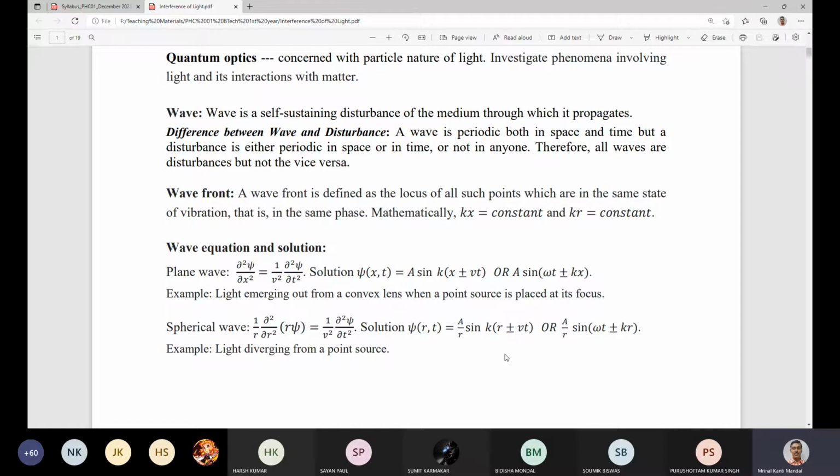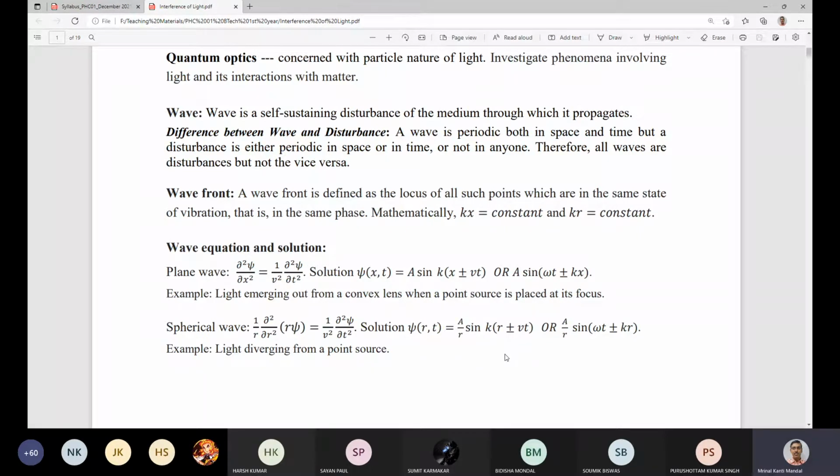And kr equal to constant indicates three dimensions, right? So that may be a spherical or cylindrical wavefront. In case of spherical or cylindrical wavefront, we can represent it as kr equal to constant, when the wave is distributing in the radial direction, where r indicates the radial direction.